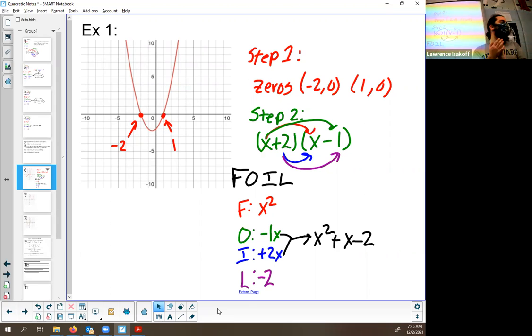Still see some writing. You want to make sure you got that down before we go on to checking. Again, if you missed yesterday, this is just yesterday. So doing this FOIL process, that's all we did yesterday.